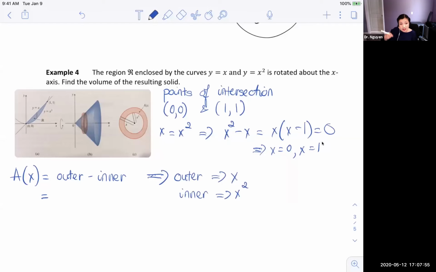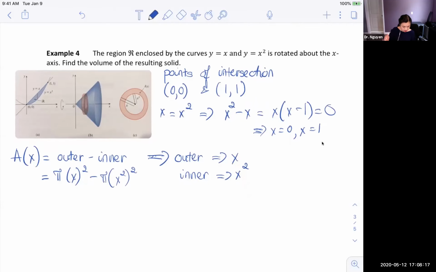All right, notice that we're dealing with area, and area is pi r squared. So I have pi x squared minus pi (x squared) squared. So I can take pi out. So the area of the cross section is going to be pi times (x squared minus x to the 4th).